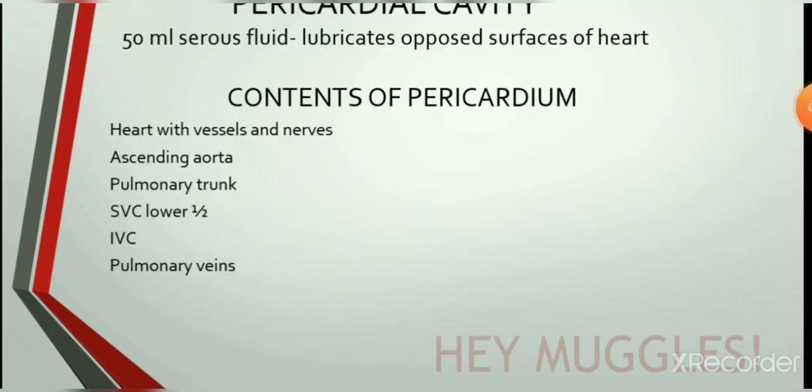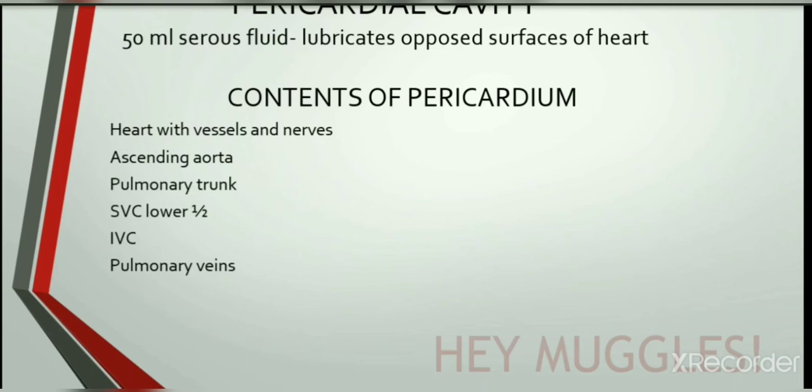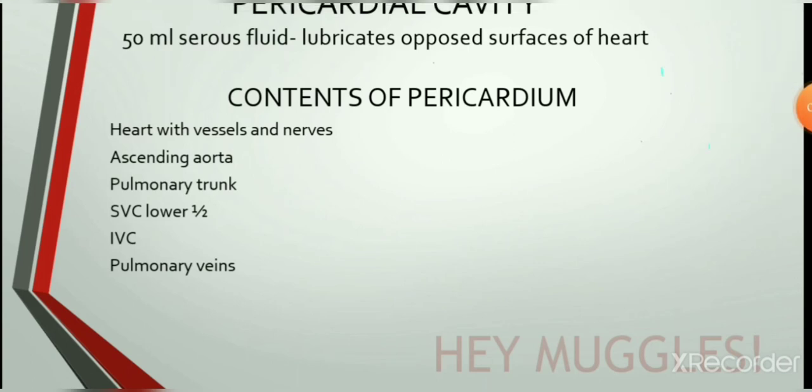Coming to the pericardial cavity. The pericardial cavity is present between the parietal layer of the serous membrane and the visceral layer of the serous membrane. It contains about 50 milliliters of serous fluid, which helps in lubricating the opposite surfaces of the heart.